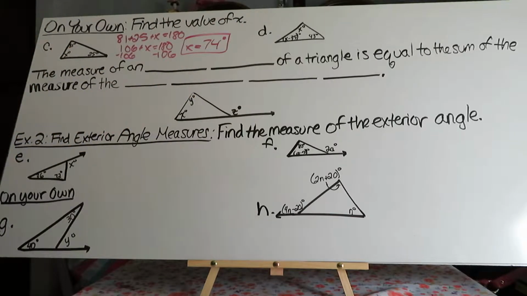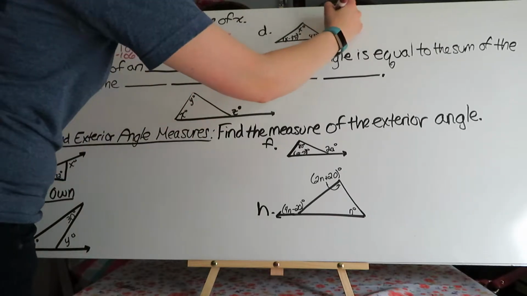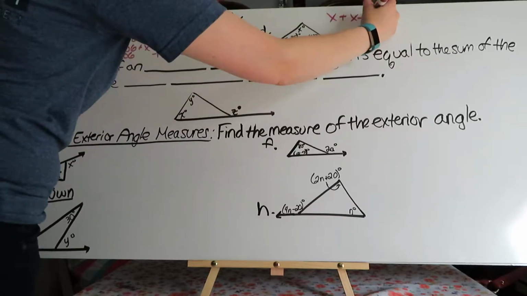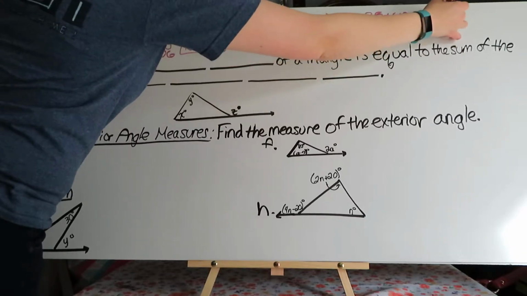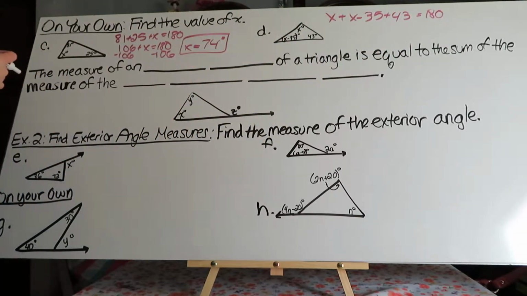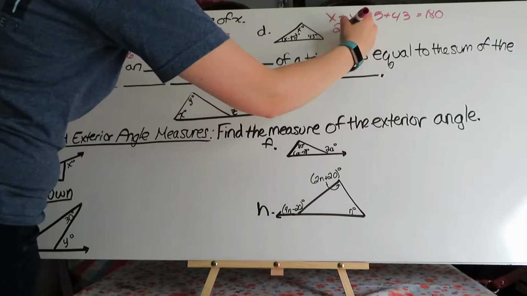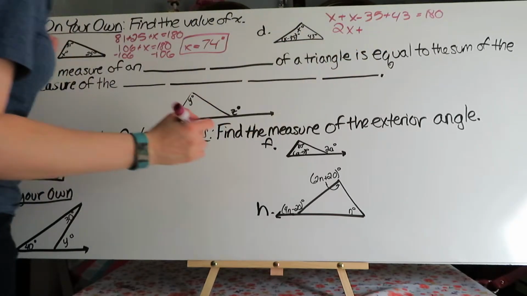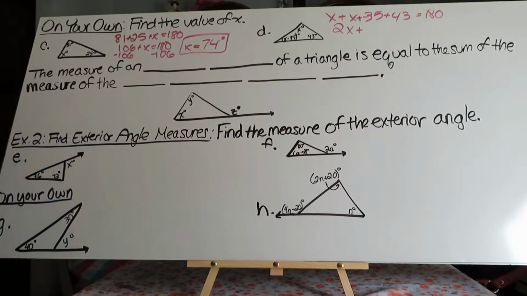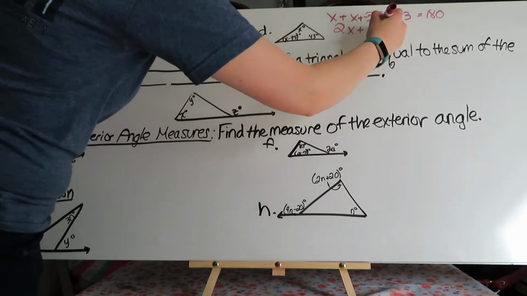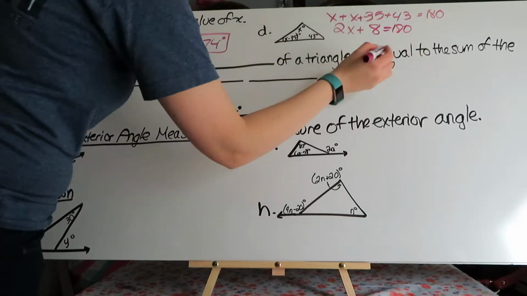All right, letter D, same thing. X plus x minus 35 plus 43 equals 180. I'm just copying down what all those values are. I'm going to combine my like terms. 2x plus, well, I'm going to add the opposite. So I can see that that's negative 35 plus 43, which gives you an answer of 8. And that equals 180.